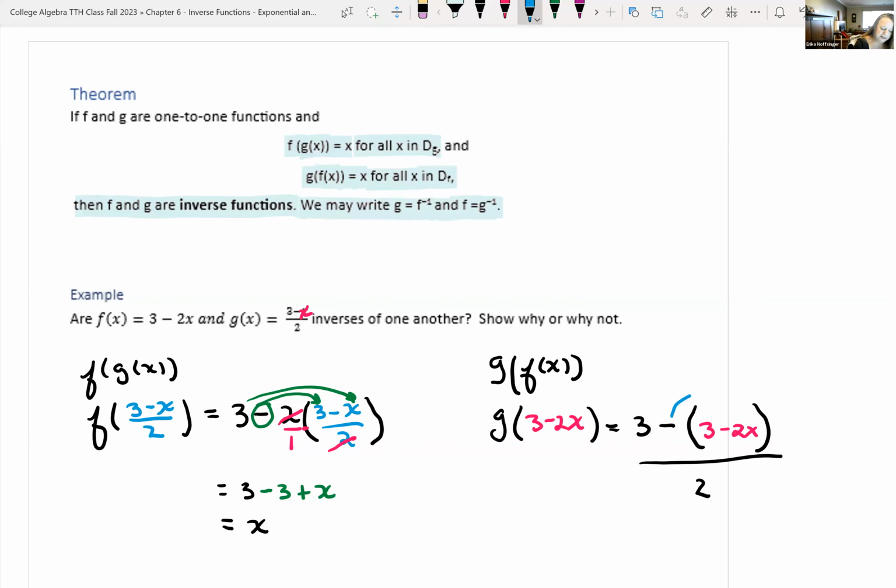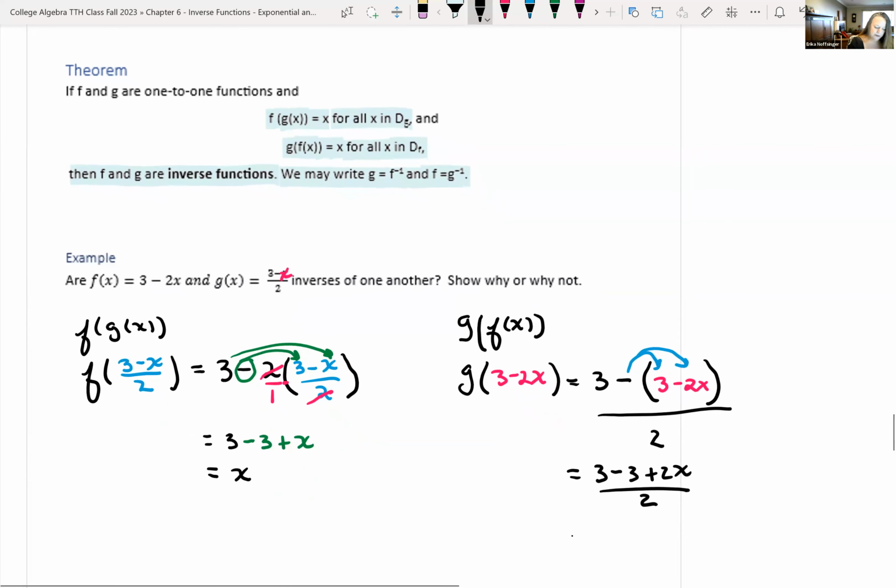So let's distribute that negative sign in the numerator up there. And so we have 3, distributing the negative 1 times 3 is negative 3, and negative 1 times negative 2x gives me a plus 2x all over 2. Simplifying in the numerator, 3 minus 3 cancels, so we're left with 2x over 2.